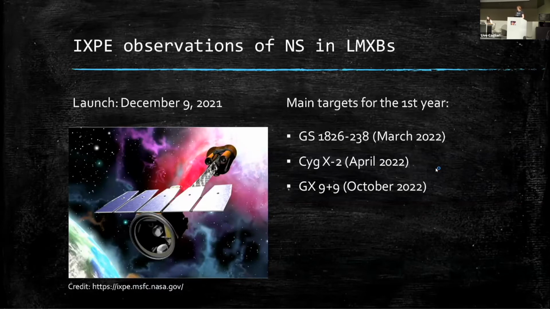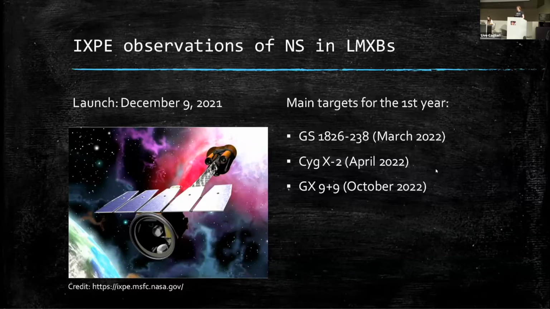And among the main targets for the first year of observations with IXPE are these three sources that we see here. So all of them are neutron stars in low-mass X-ray binaries. And so it's GS 1826, then Cygnus X-2 and GX 9+1.